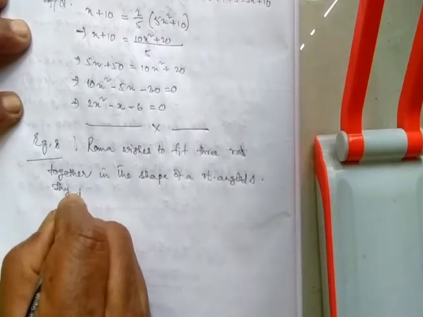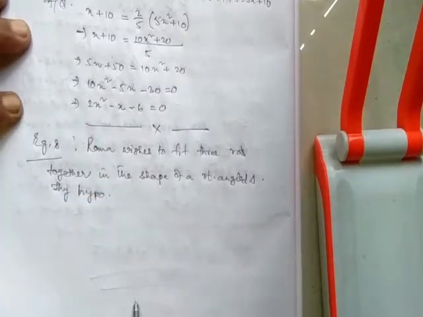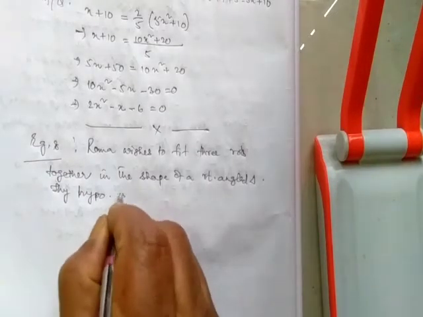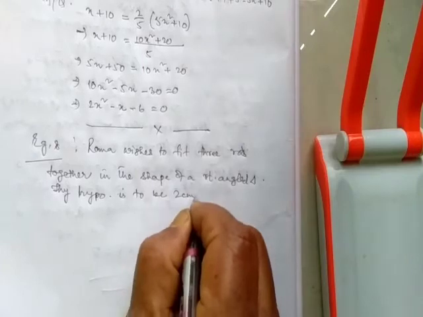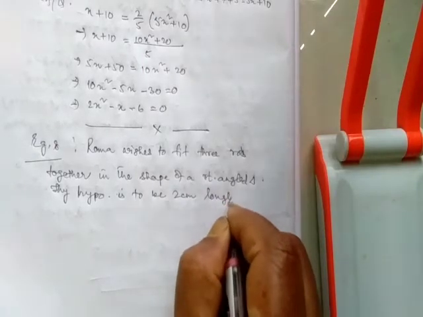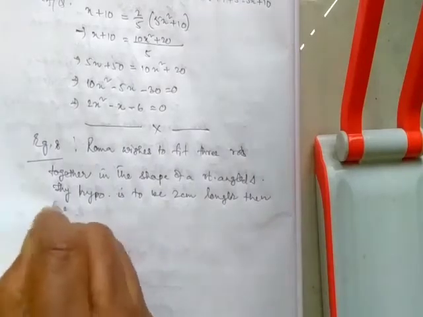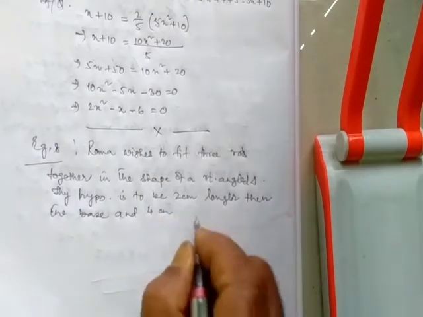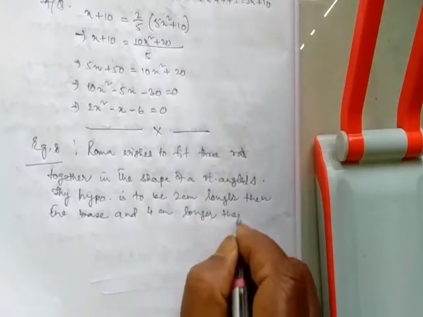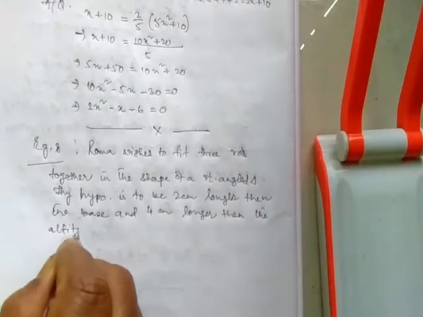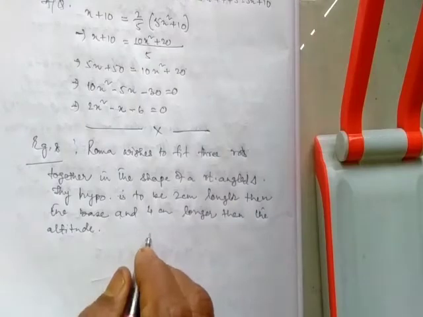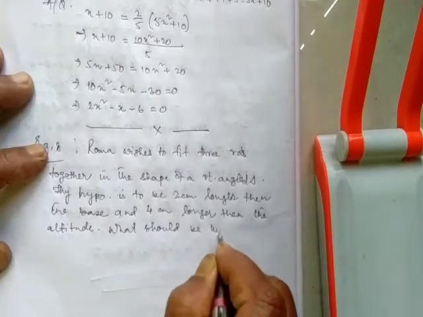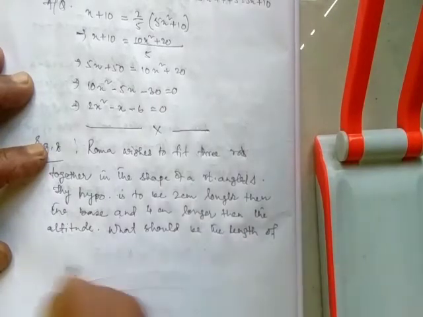The hypotenuse is to be 2 centimeter longer than the base, and 4 centimeter longer than the altitude. What should be the length of the rods?